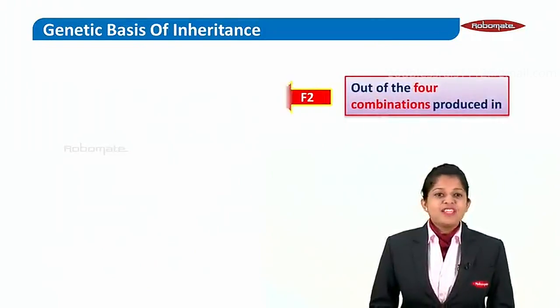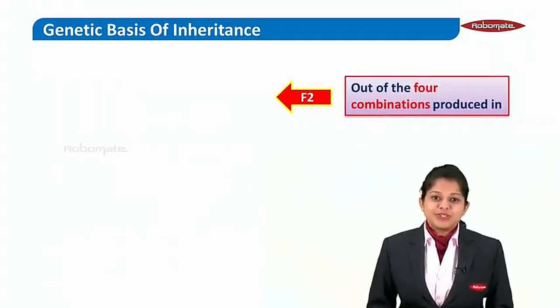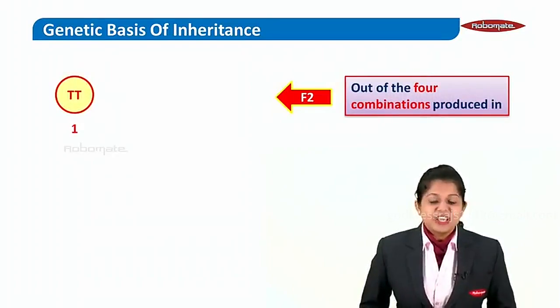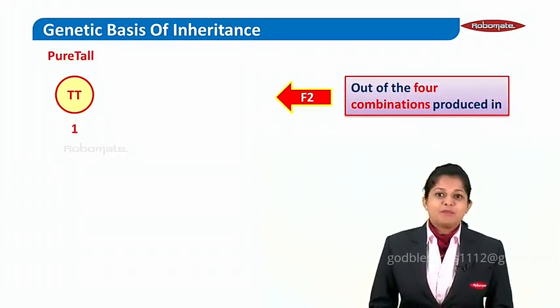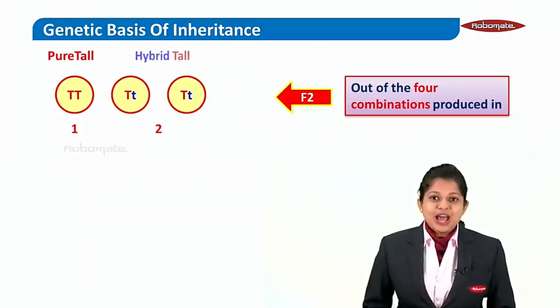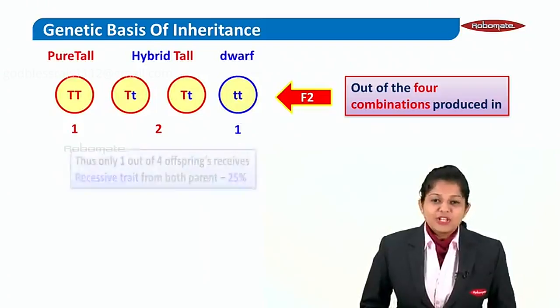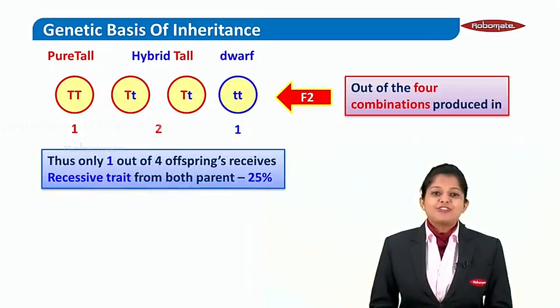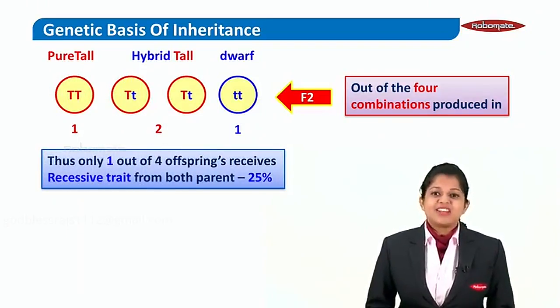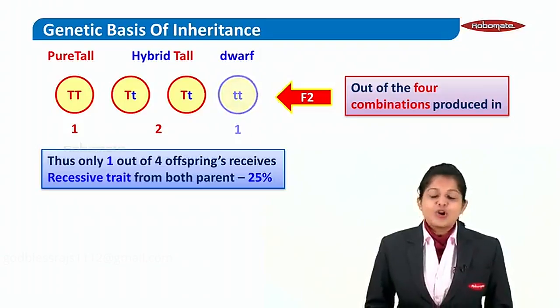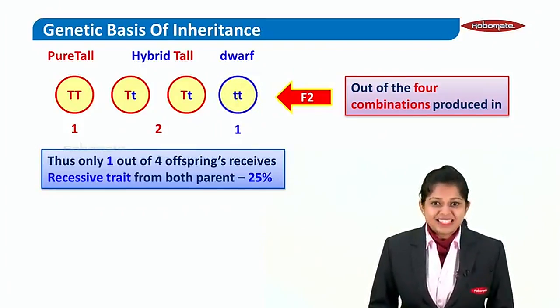Now, out of these 4 combinations produced in the F2 generation, 1 can be said to be pure tall, 2 are hybrid tall, and 1 is a dwarf. So, only 1 out of the 4 offsprings receives the recessive trait, that is only 25%.